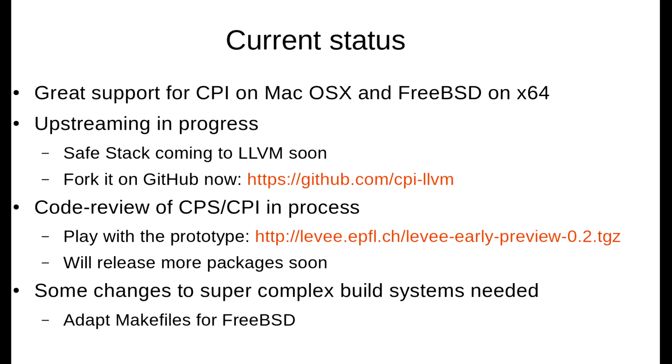And also, we obviously ran into some problems as well. There were some changes to super complex build systems. For example, when we worked on FreeBSD, we had to adapt some of the larger makefiles to actually get it to run. So you might ask, is it practical? Well, it is.